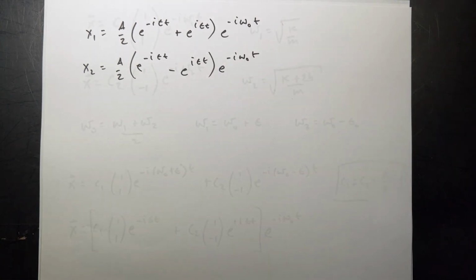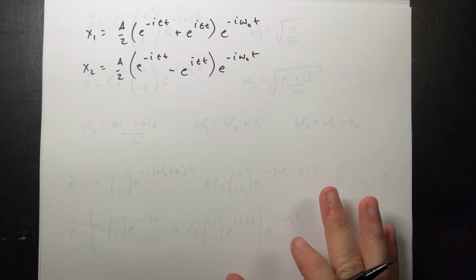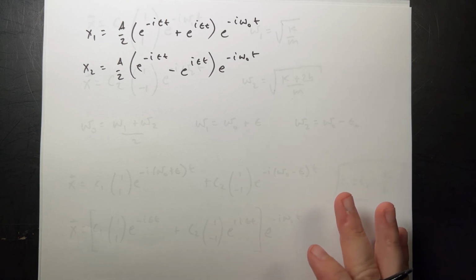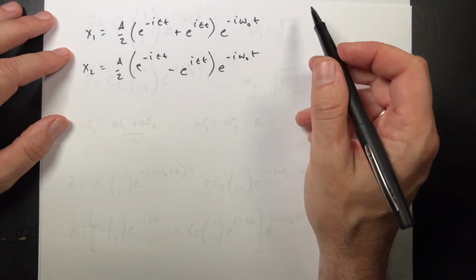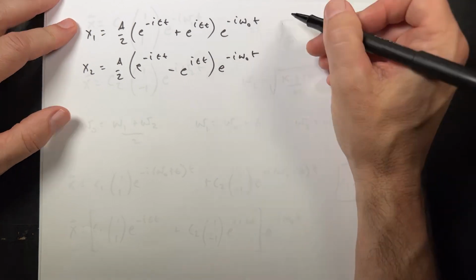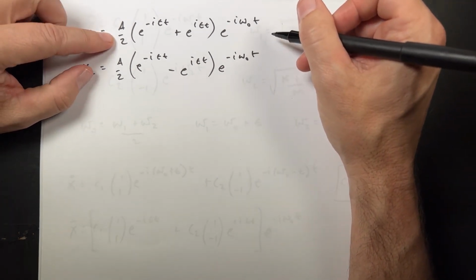Now, these are complex numbers, right? So how do I deal with these complex numbers, because the solution's real, the things actually move? Well, I'm just going to take the real part of the solution. To do that, it's going to be helpful to switch these back over to sines and cosines.